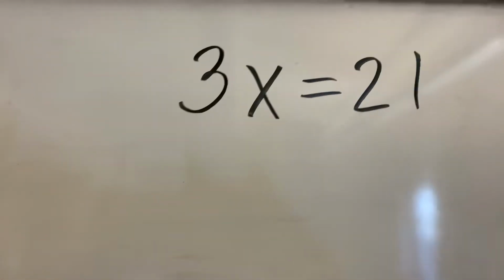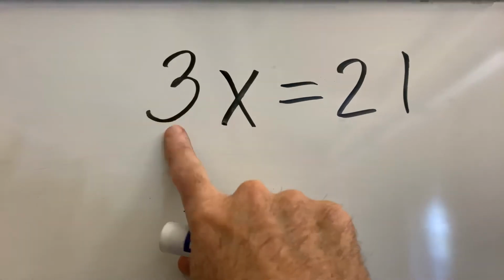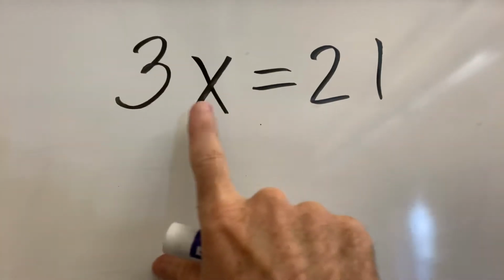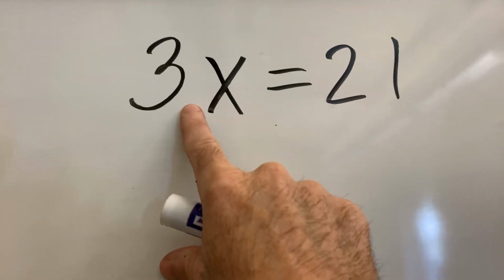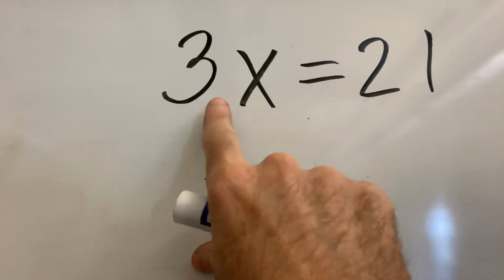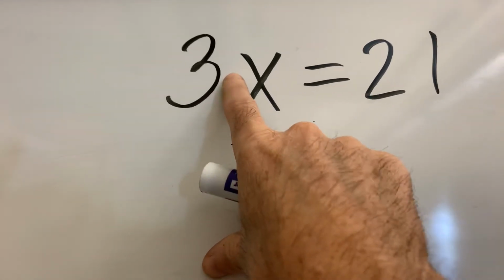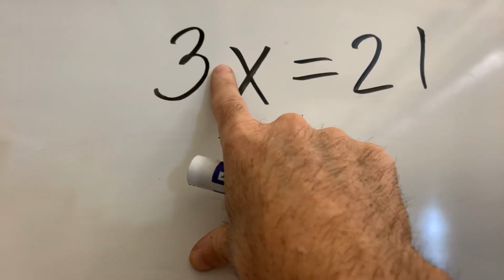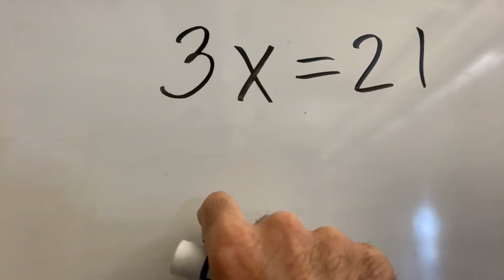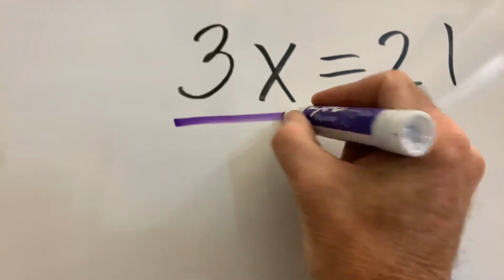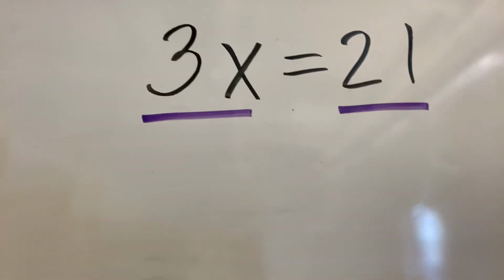Okay, look at this equation. This says 3 times what number equals 21? If you see multiplication, and maybe this is the first time you're ever hearing this, but this is a multiplication problem. There's a tiny little multiplication sign that you don't get to see. It's right there. So if you see multiplication, you're going to undo multiplication by dividing, and you're going to use a fraction bar.